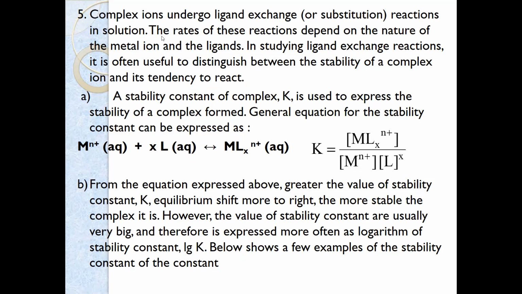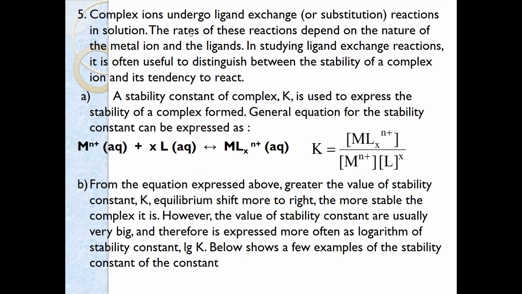A complex ion undergoes ligand exchange or substitution in solution. The rate of this reaction depends on the nature of the metal ion and the ligand. Ligand exchange reactions are often used to distinguish between the stability of a complex ion and its tendency to react.